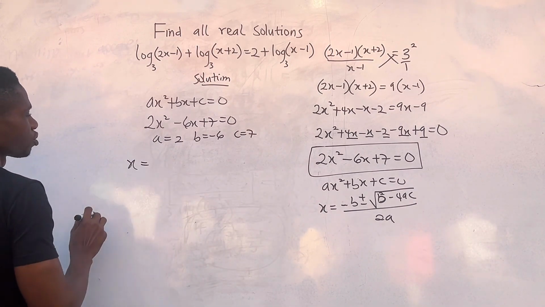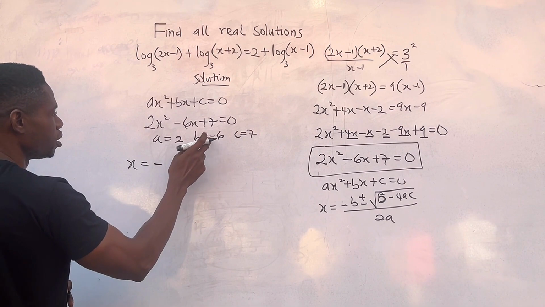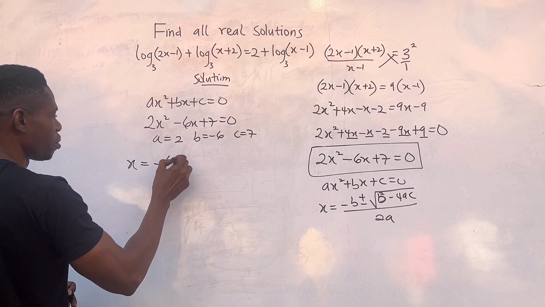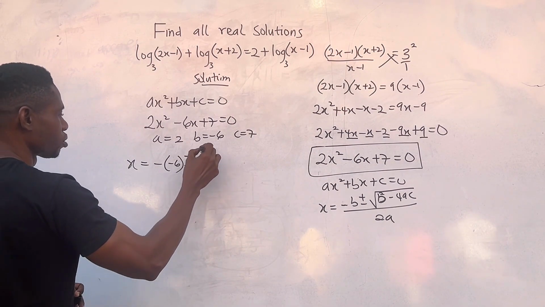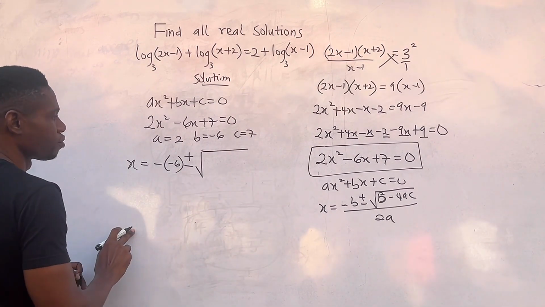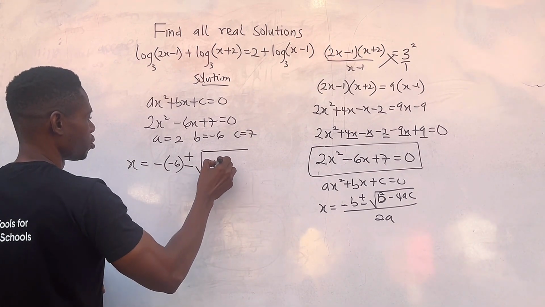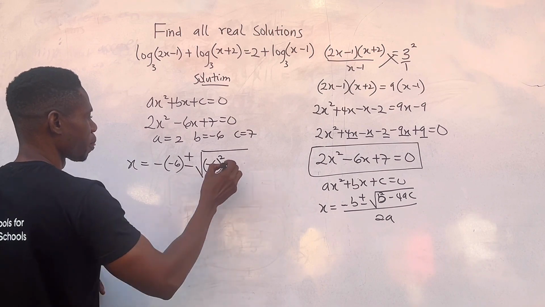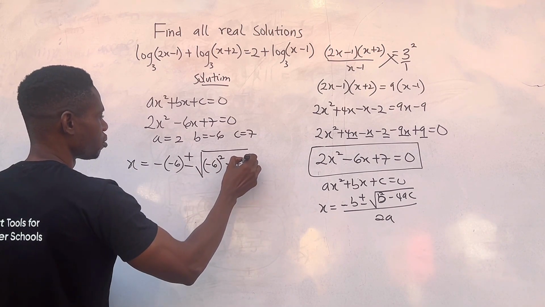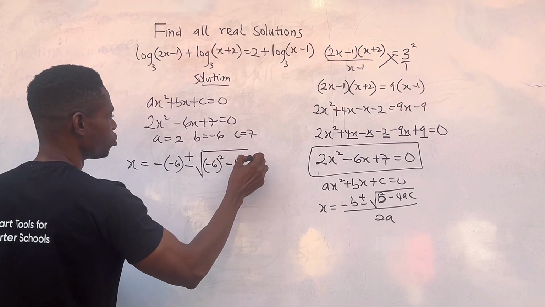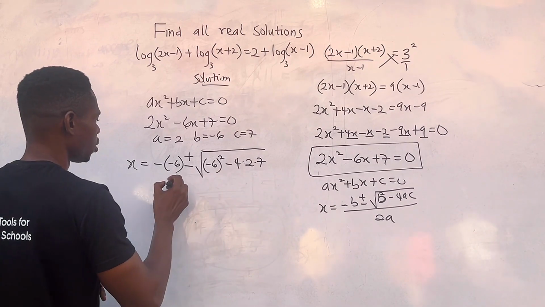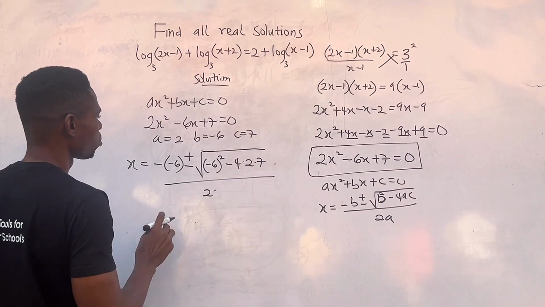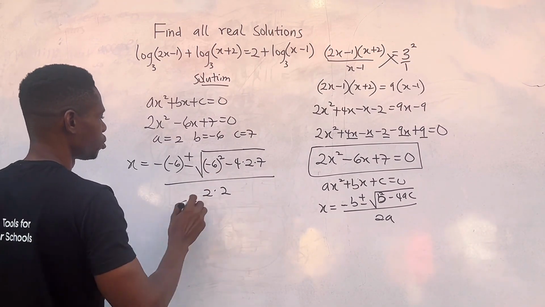So x will be equal to minus b, which is minus 6, plus or minus square root of minus 6, that's b squared, minus 4 multiplied by a, which is 2, multiplied by c, which is 7, all over 2 multiplied by a, which is 2.